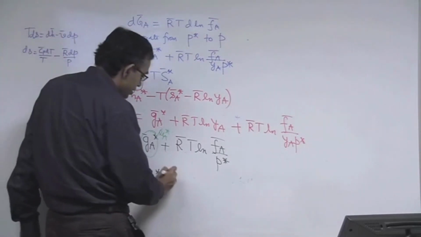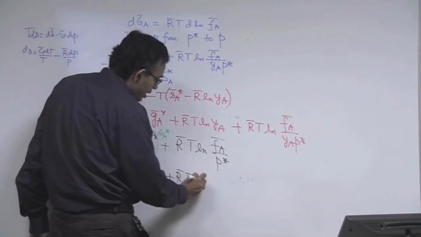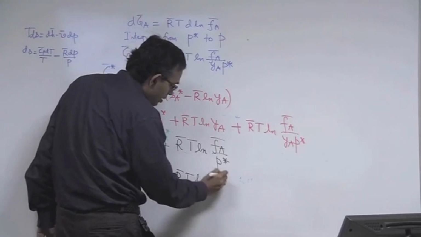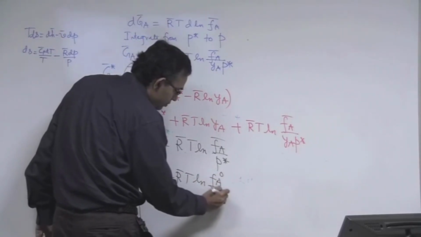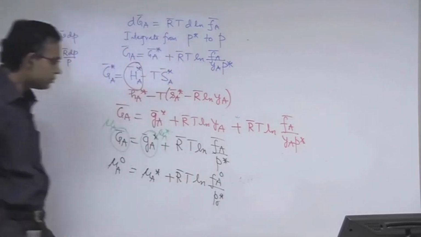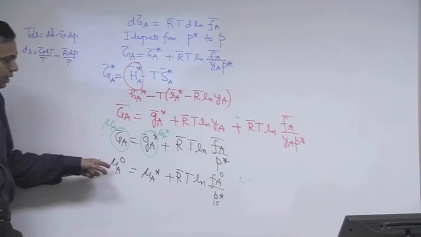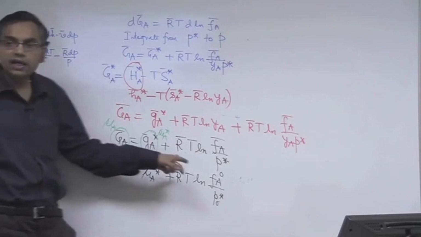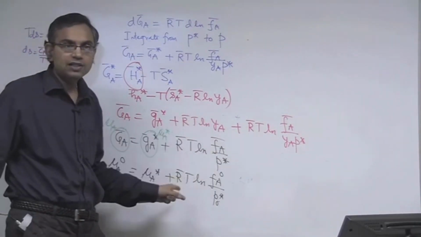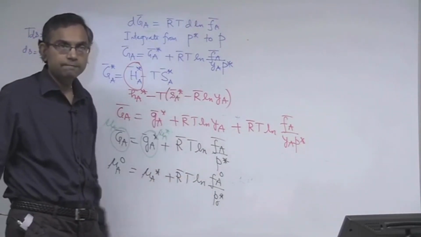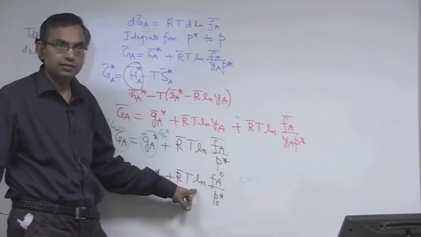So plus RT ln FA by P star. This is for the pure component. You can get this by integrating d mu equals RT d ln F from the state star to the state P, and you will get this for the pure component.